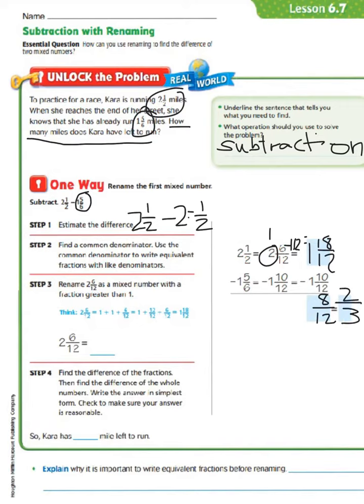So Kara has 2/3 mile left to run. So down at the bottom it says, explain why it is important to write equivalent fractions before renaming. Well, it is important to write equivalent fractions first to determine if renaming is even needed.